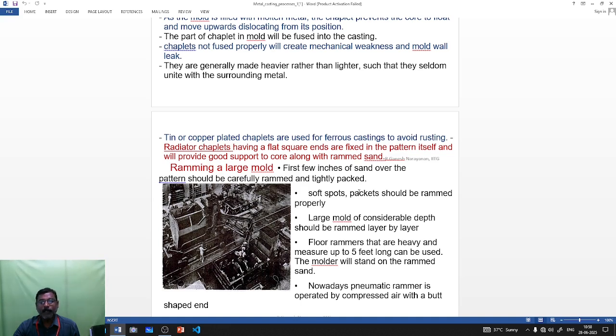When ramming a large mold, the first few inches of sand over the pattern should be carefully rammed and tightly packed. The soft part should be removed properly. A large mold of considerable depth should be rammed layer by layer.